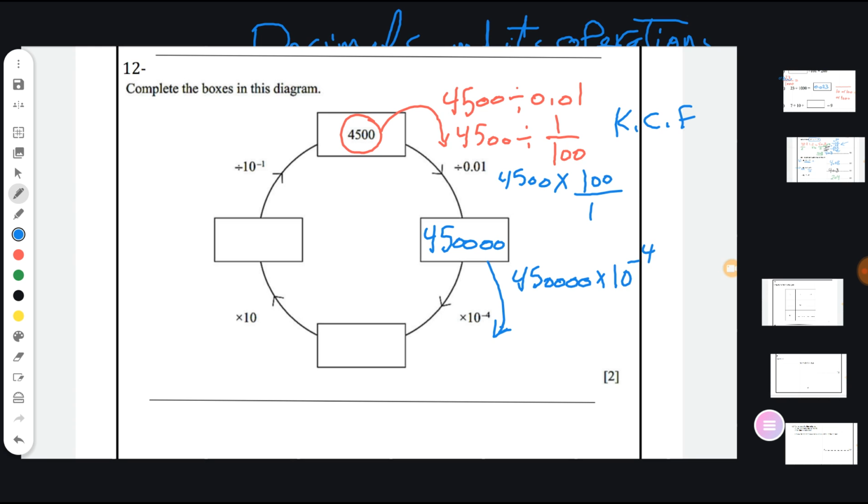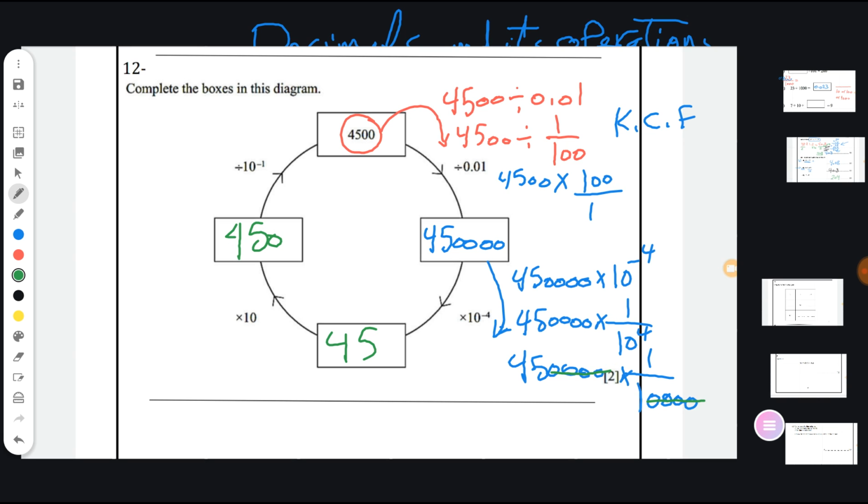Actually, 10 to the power negative 4 means we can write it as a fraction too: 4,500,000 multiplied by 1 over 10 to the power 4, which means we repeat the 0 four times, and in this case, 4 zeros will cancel with 4 zeros here. So the remaining will be 45 over 1, which is 45. Then 45 multiplied by 10 is 450, by an easy way.